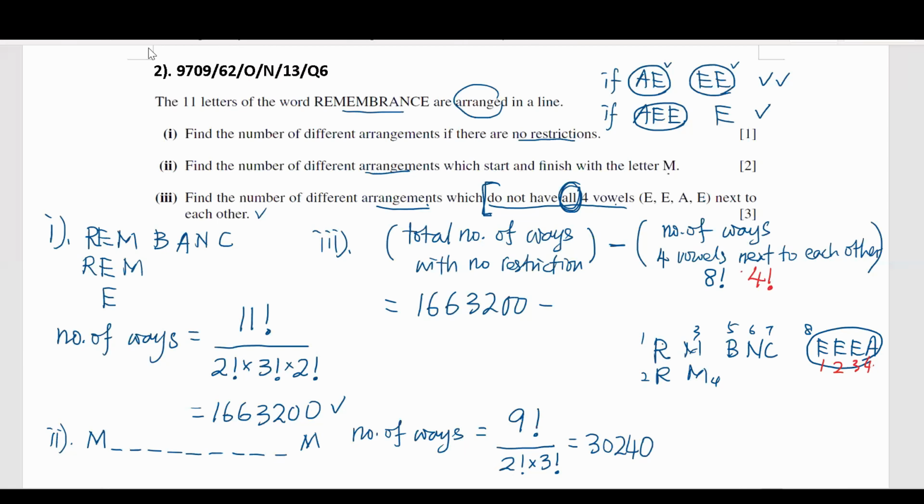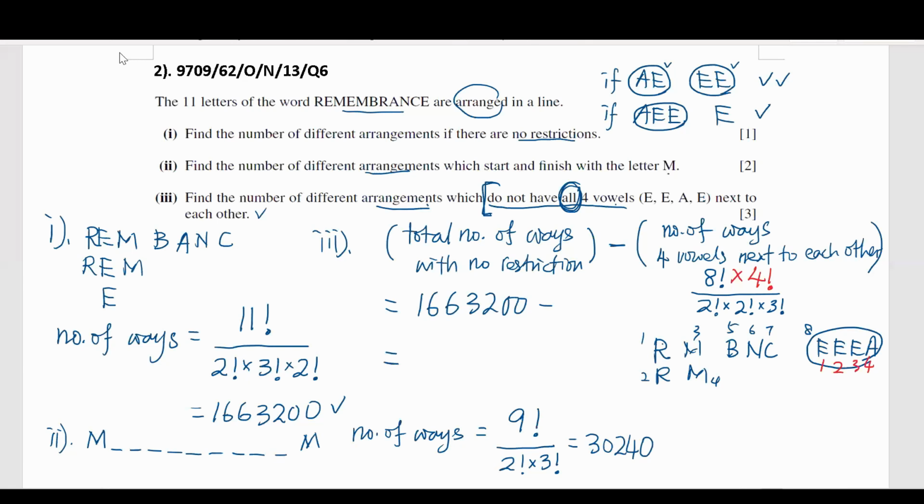By the multiplication rule, we multiply them together. But don't forget, 2 R's are identical. We need to get rid of the repeated ways, for 2 M's identical, as well as 3 E's identical. These calculations will find the number of ways the 4 vowels are next to each other.